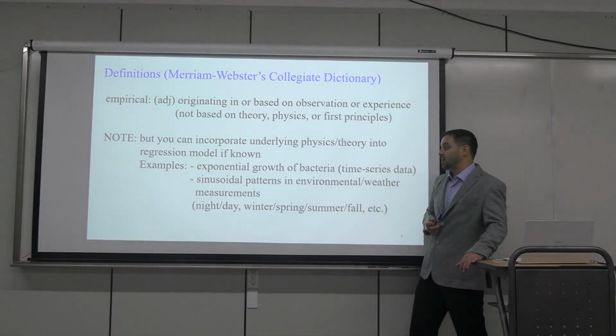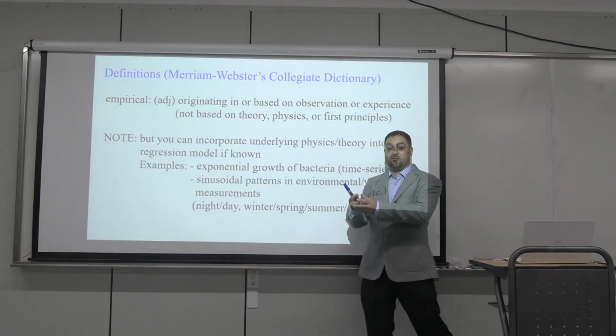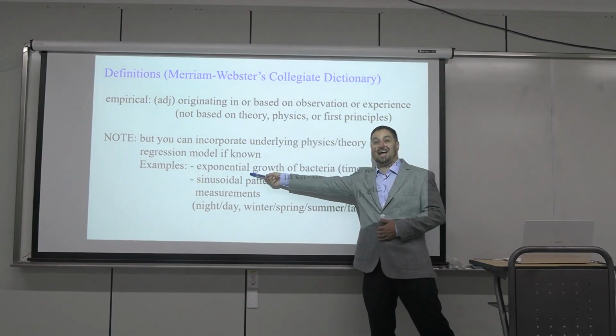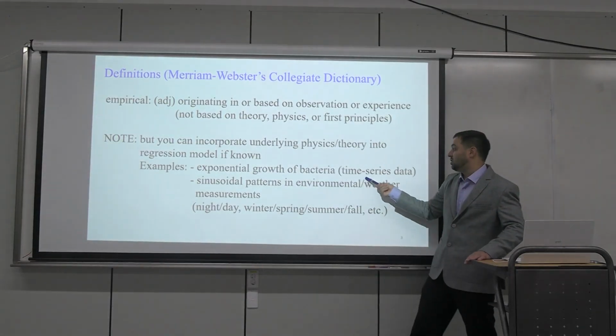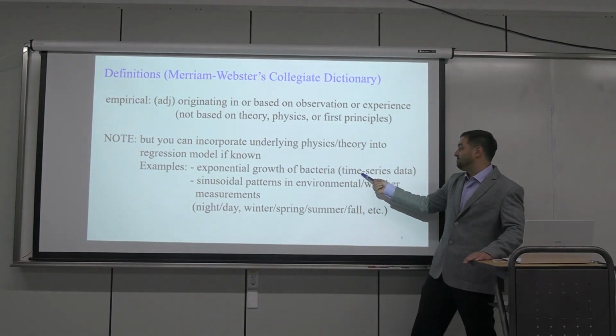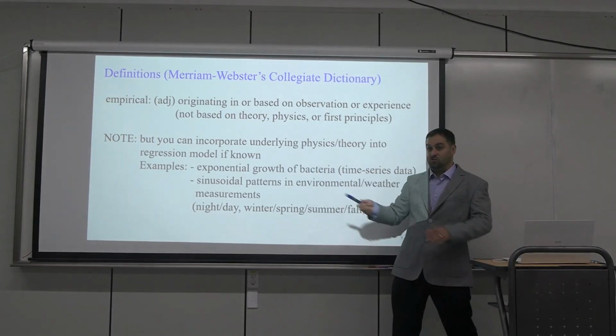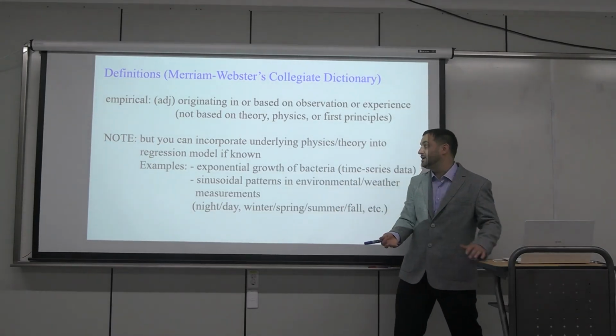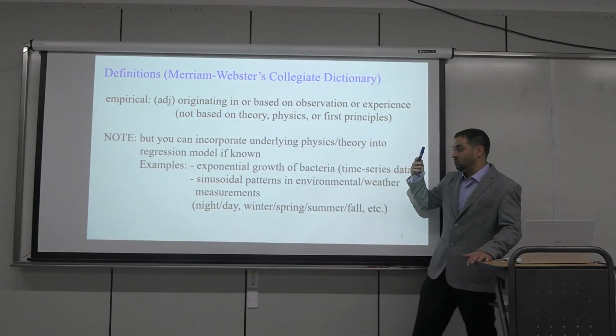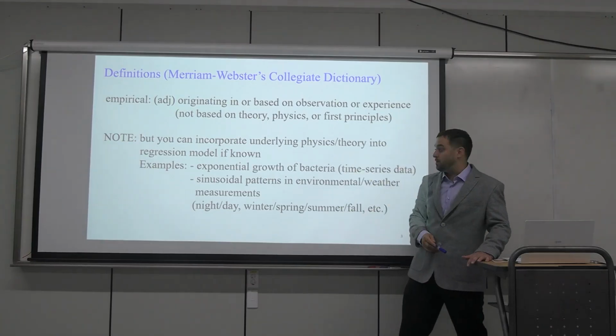If you're a biologist studying bacteria, the growth of bacteria colonies follows an exponential growth curve. So if you're measuring time series data of the growth of bacteria, we know that this tends to be exponential.